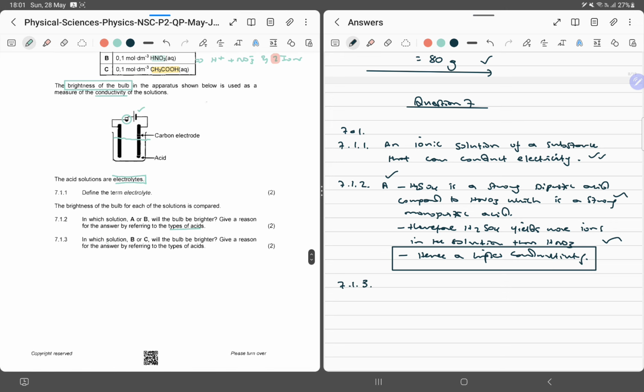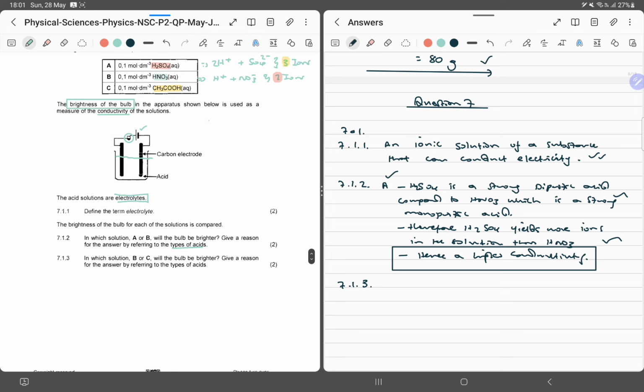So 7.1.3 says in which solution B or C will the bulb be brighter? Obviously B. Again, give a reason for the answer by referring to the types of acids.